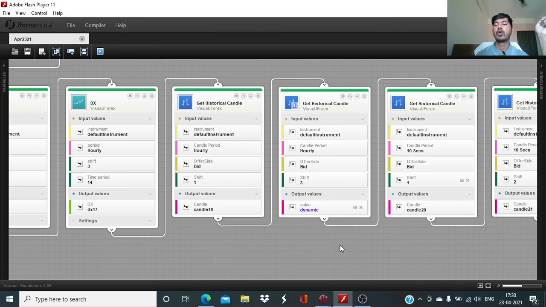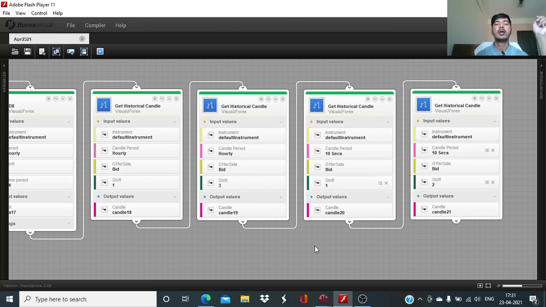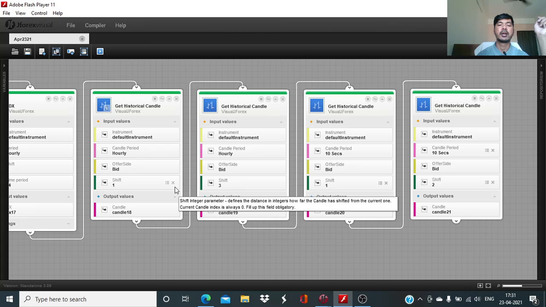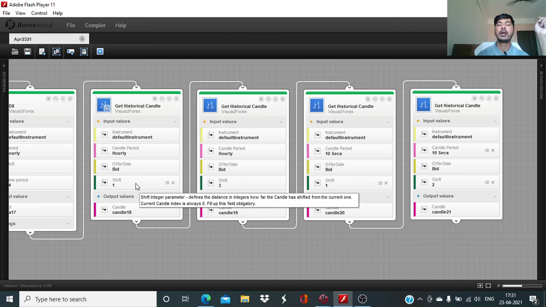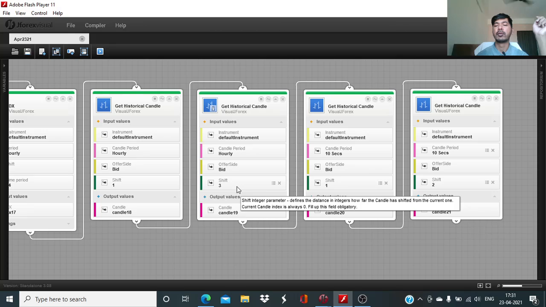Here candle 19 is open and candle 18 is closing value, and of course candle 18 close should be higher, and I think a minimum price difference of say 15 or 20 pips can be set, so as to make sure there has been enough volatility on the price front also. And while looking for the sale trade initiation, we can set a similar condition that the closing value should be lower by more than say 15 pips compared to the opening value of this historical candle of the hourly time frame with the lookback period of 3.